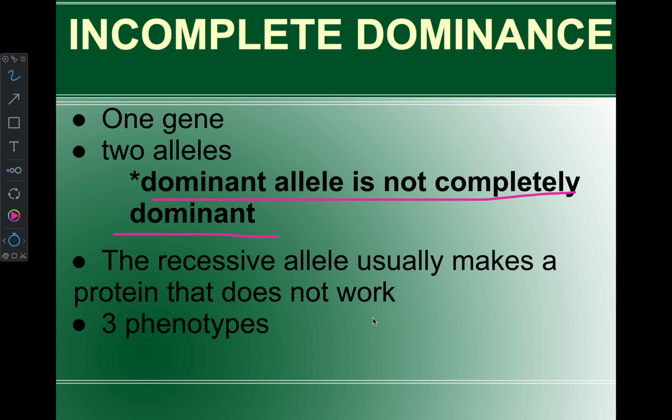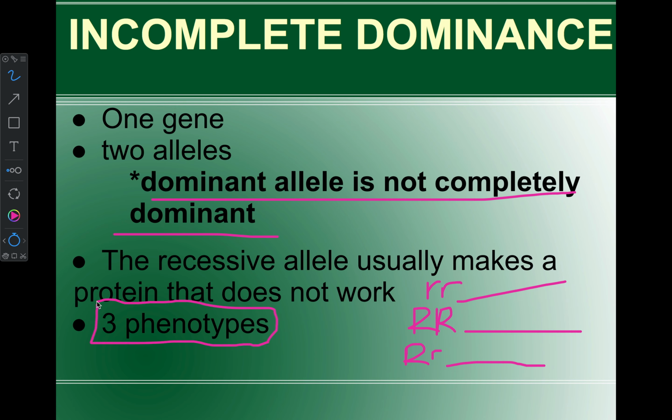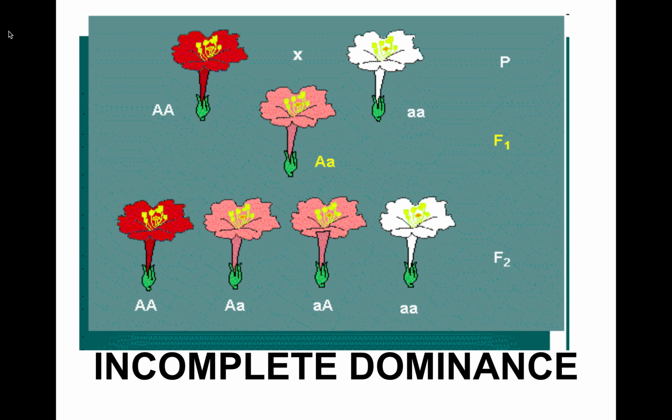Your recessive is still the same, and your dominant is still the same, but when you get to your heterozygous, things get different. So instead of two phenotypes, you now have three possible phenotypes. Let's take a look at what that looks like.